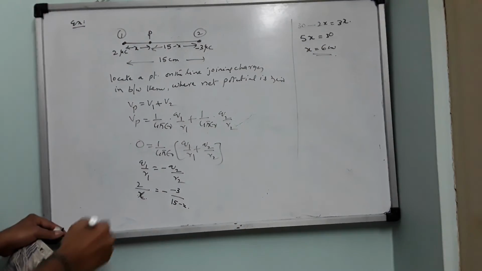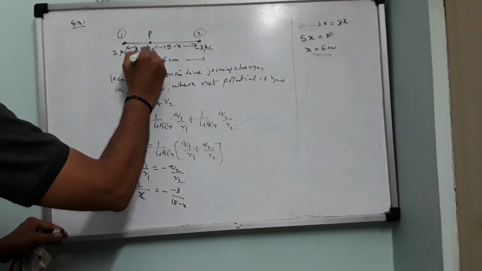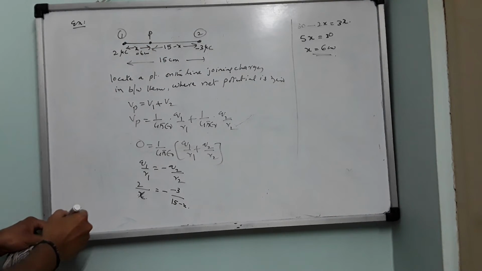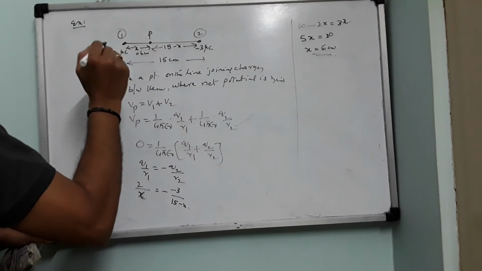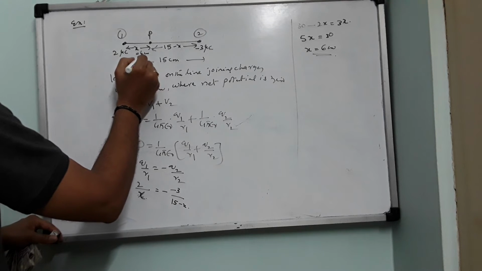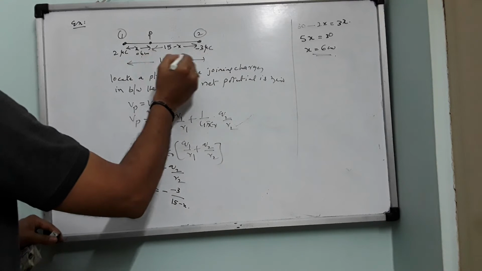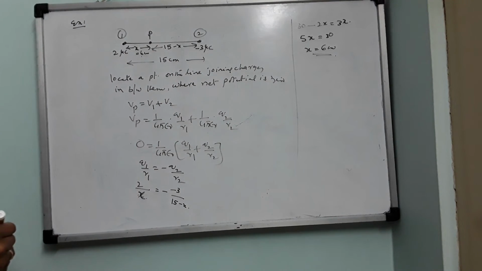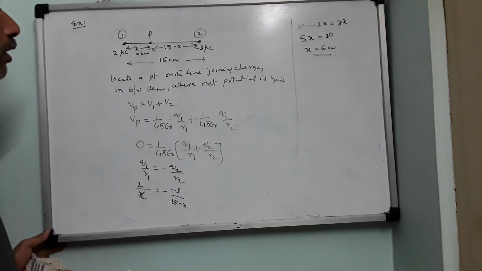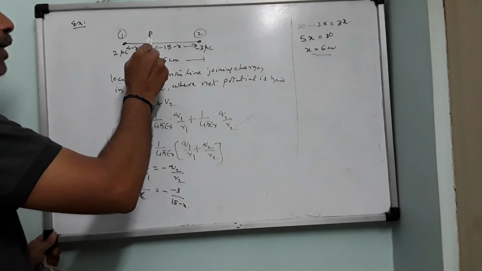That means this x value is 6 centimeter. So either from 2 microcoulomb at 6 centimeter distance or from minus 3 microcoulomb at 9 centimeter distance, right? The potential at point P is going to be 0. But my question is, will the electric field at this point be 0?